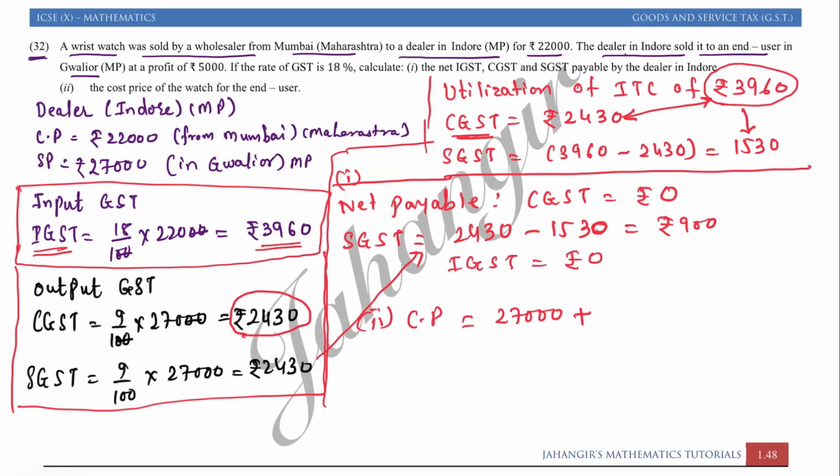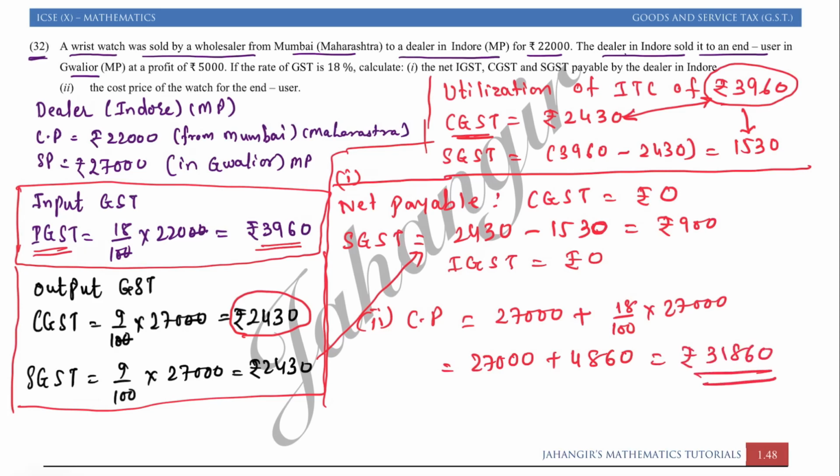The output tax is 18% of 27,000. So that is 27,000 plus 4860. After adding it, you will get 31,860. So hope you have understood how to do this adjustment sum. On the next page, I will explain this part again.